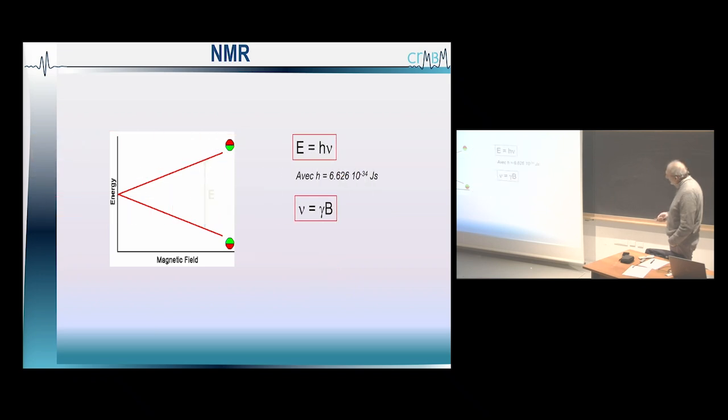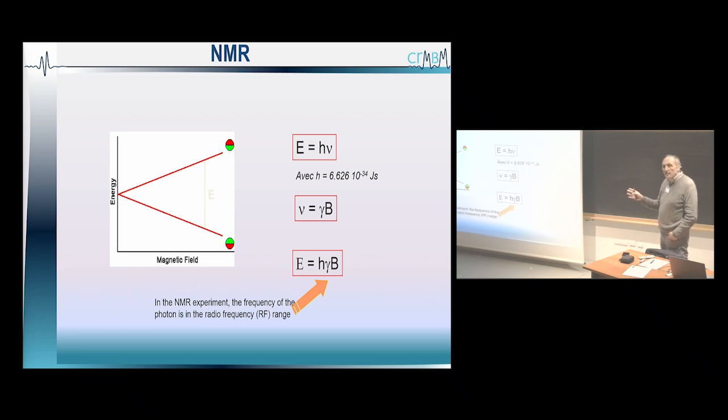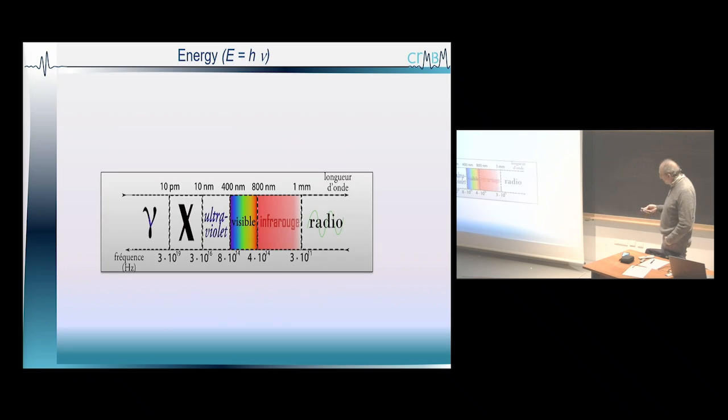So this is not so interesting, but just to say that this energy is actually part of the radio frequencies, in terms of energy. It means that it's not very high energy. If you look at the different imaging techniques in here, you've got gamma, X-ray, and here you've got NMR. You can see the energy is very low, and that's why we say that NMR is non-invasive.